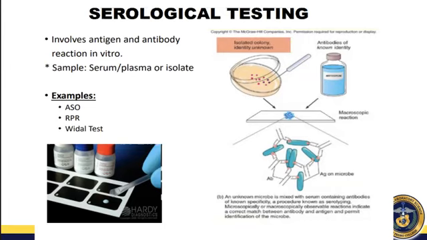So of course, these are usually in the laboratory, guys. This is done in your serology section. So I believe na-perform nyo na to in your serology laboratory, di ba? So you have your ASO, which is to determine your anti-streptolysin O, your RPR, which is used to determine the presence of your rapid plasma reagin pag merong syphilis ang pasyente, and of course, your Widal test naman for typhoid fever.